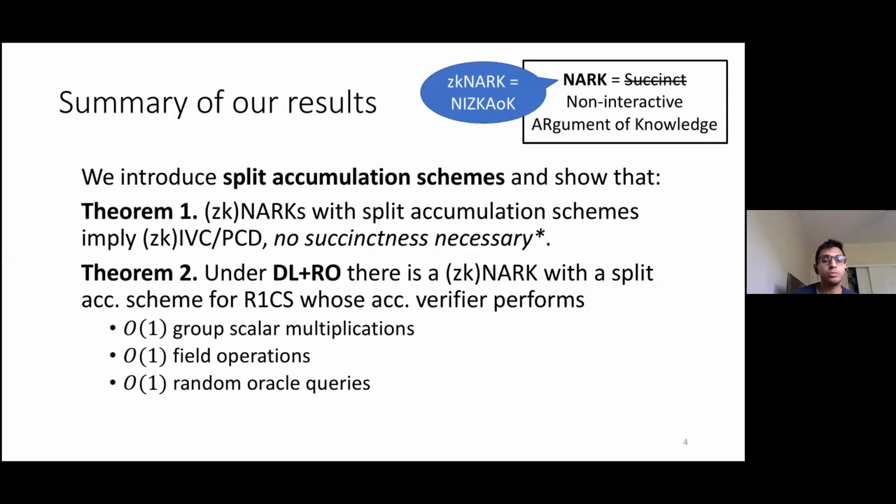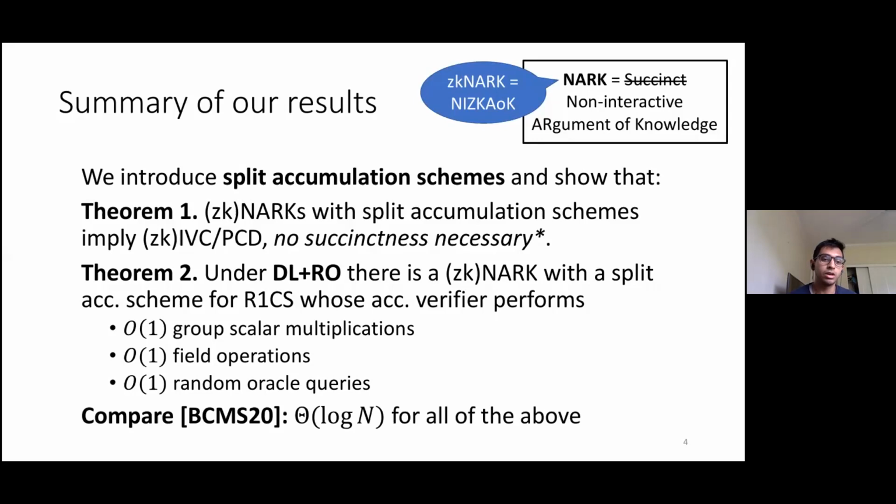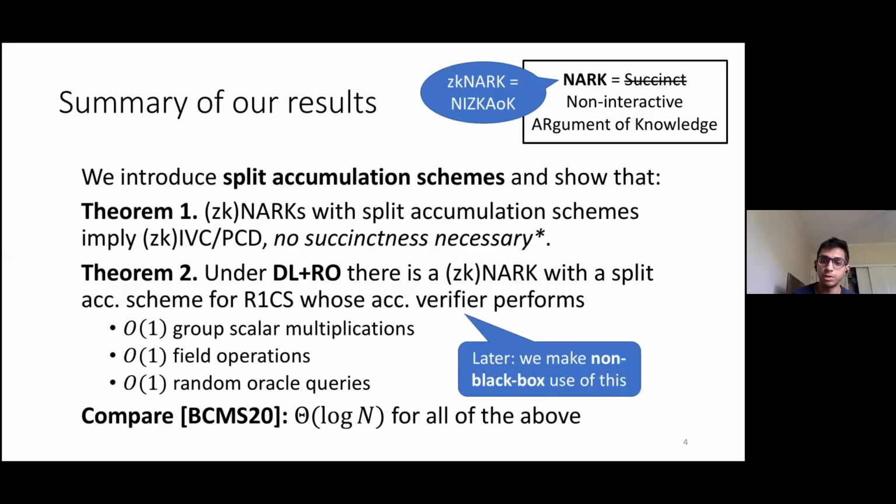So looking down the line, what this means is that the recursive circuit only contains O(1), a constant number, of all of these operations, right? And this is in contrast to BCMS20 and also Halo, where the complexity of all of these operations is logarithmic in n, where n is the size of your constraint system. So yeah, we get a big improvement asymptotically, and also, as we'll see, in practice in our implementation.